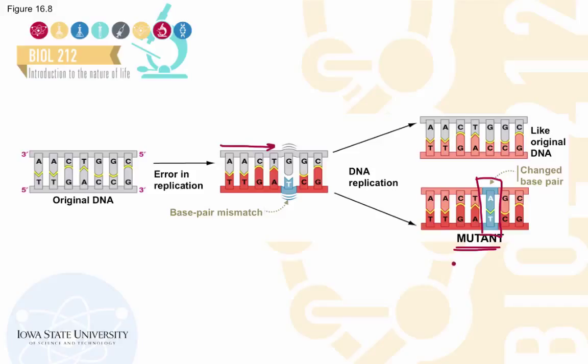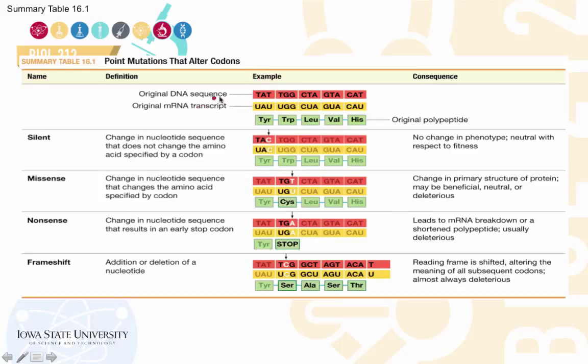on an organism's health. So if we're given an original DNA sequence which generates an original mRNA transcript that leads to the formation of this polypeptide, if there is a change in DNA from the base T, for example, to the base C, that change is going to be transferred over to mRNA and maybe to the protein.